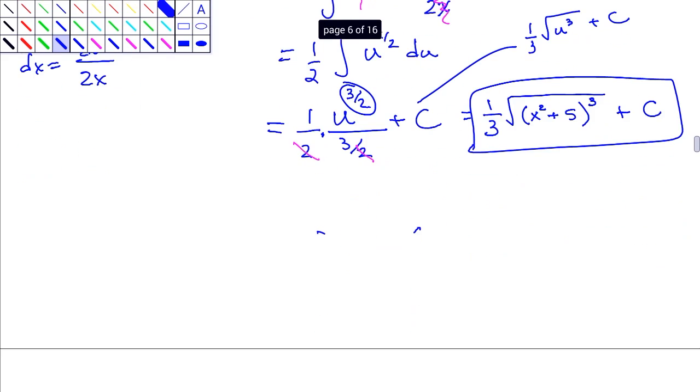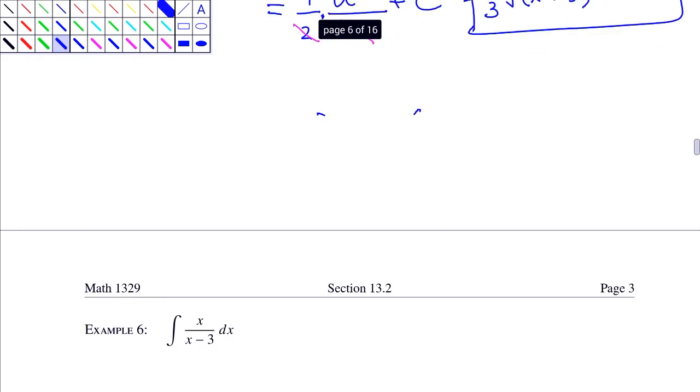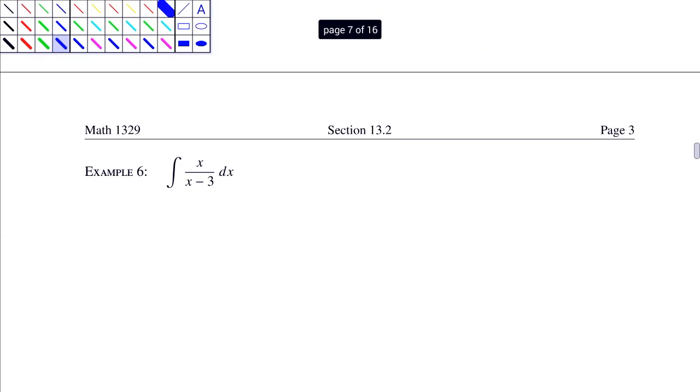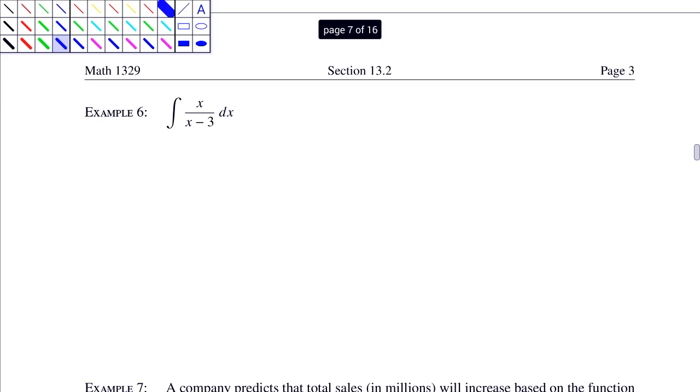Let's look at example number 6. Now this one is tricky. Example 6 says, find the integral of x over x minus 3 dx. So we're going to let u be x minus 3.